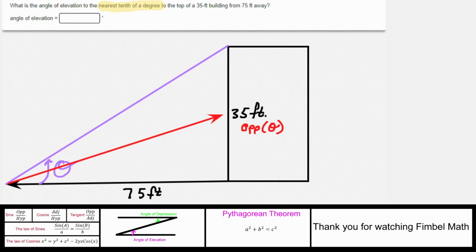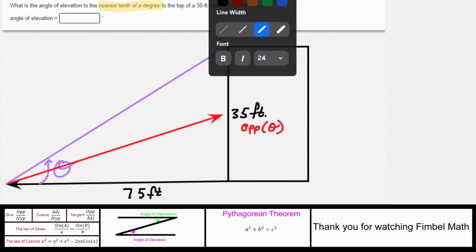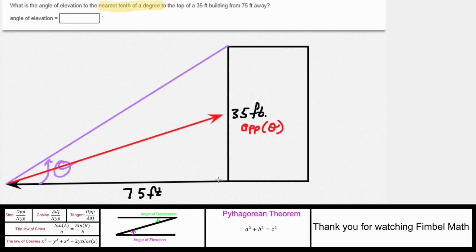And then I'm going to do the next easiest thing to identify, which is my hypotenuse. That's just across from the right angle. Where the ground meets the building is going to be my right angle. It's going to be my hypotenuse. And I'm not going to put a reference angle here because that's just a part of the triangle. It has nothing to do with that actual angle.